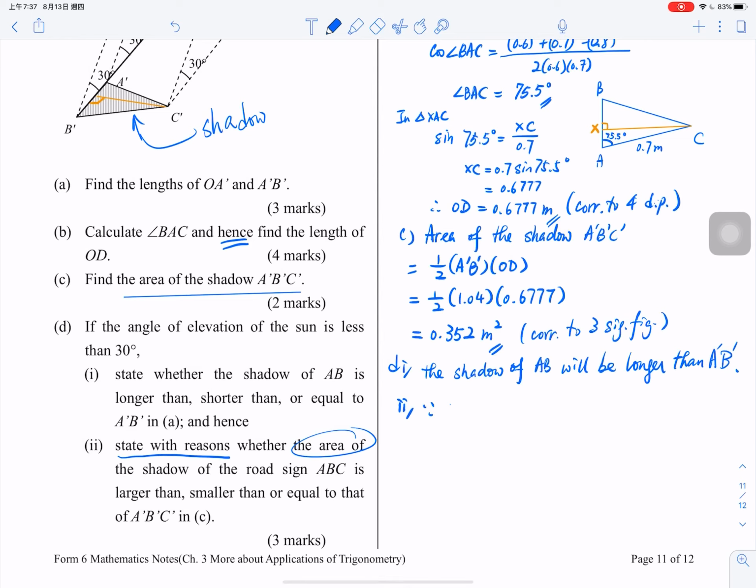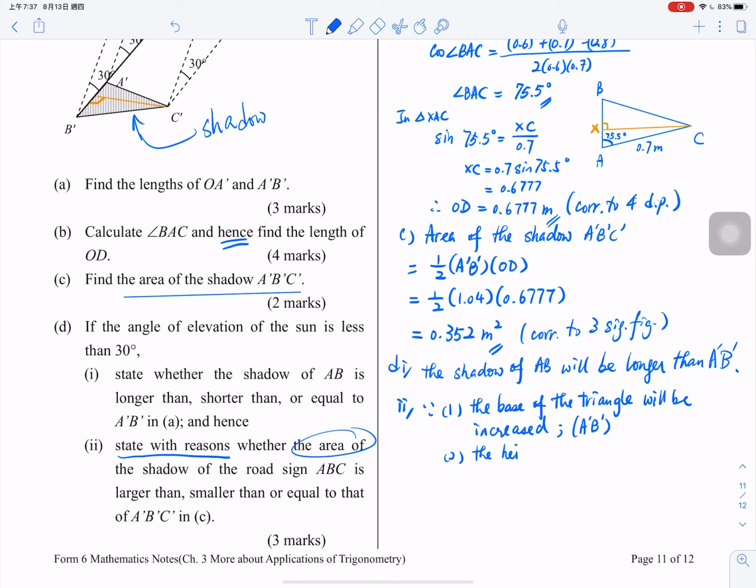Yeah, since first, about the base of the triangle, in part D1 you answered already. It will be increased, right? That means about A'B', you state in D1. How about the height?